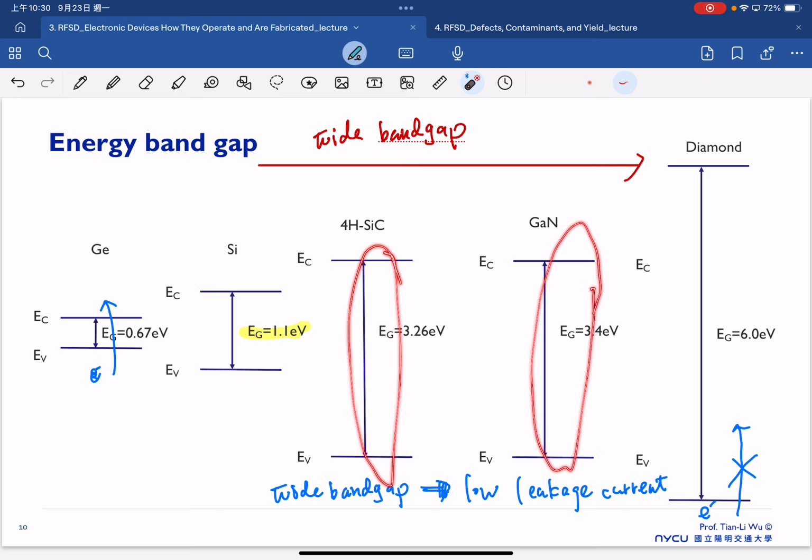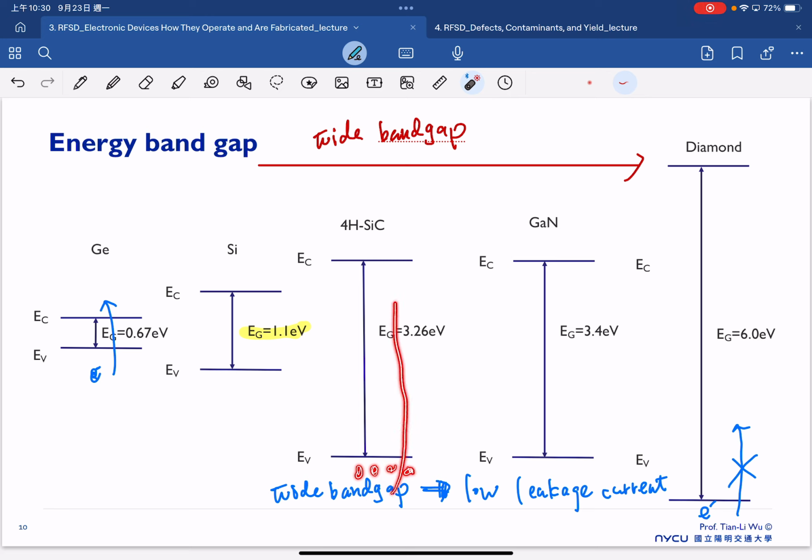So the larger band gap means it is very difficult for the electrons to move from here and jump to the conduction band. So that's why one of the promising characteristics of wide band gap is a low leakage current.